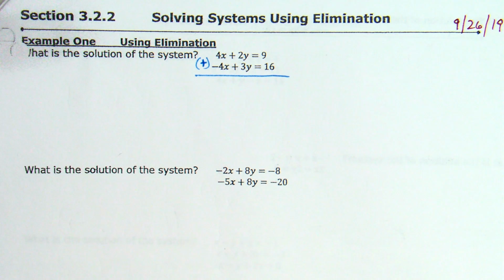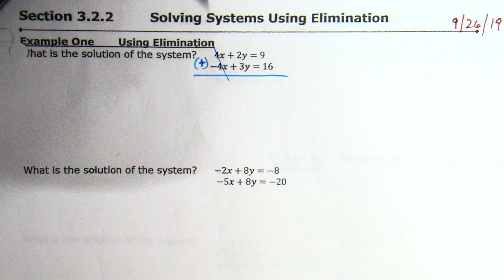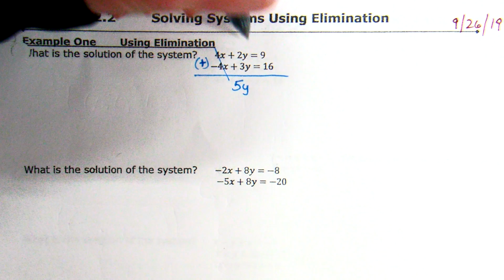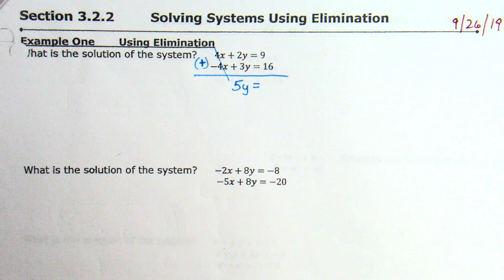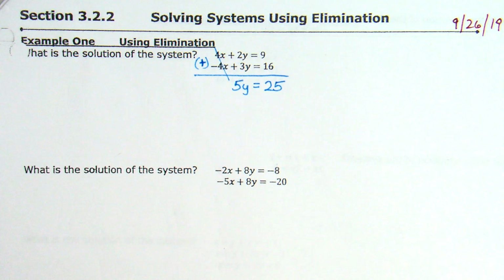So, let's add this. 4x plus negative 4x cancels, right? 2y plus 3y is 5y. Carry down my equal sign. 9 plus 16 is 25? Okay.